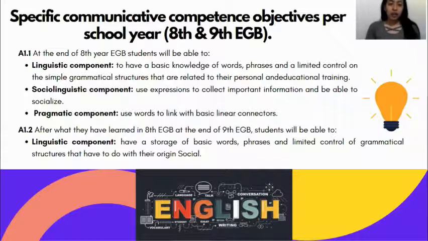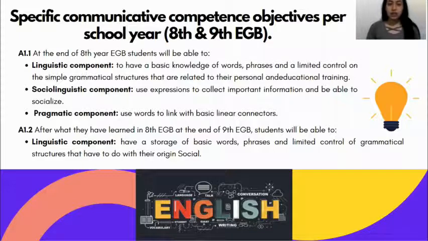At the end of the 8th year, EGB, students will be able to, first, linguistic components: have a basic knowledge of words, phrases, and a limited control of the simple grammatical structures that are related to their personal and educational training. Second, sociolinguistic component: use expressions to collect important information and be able to socialize. And finally, pragmatic component: use words to link with basic linear connectors.